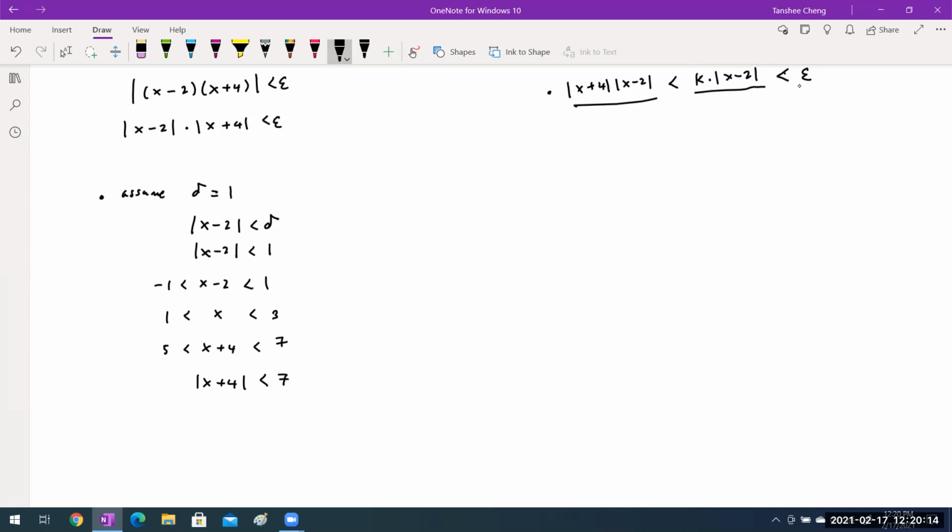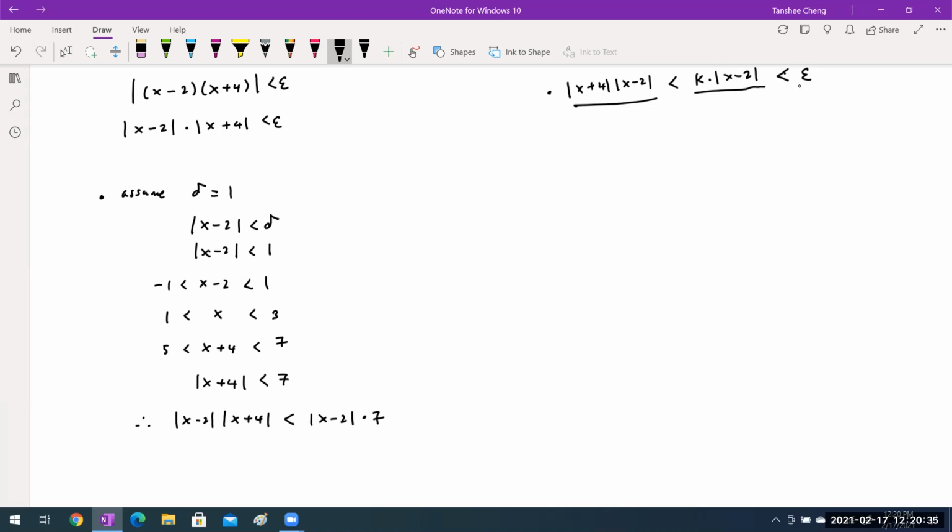The larger bound will always work. So the absolute value of x minus 2 times the absolute value of x plus 4 must be smaller than the absolute value of x minus 2 times 7 for sure. So now we found our k already.